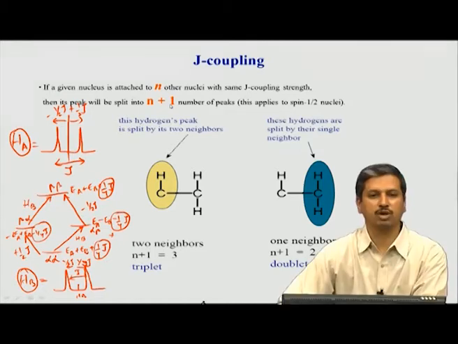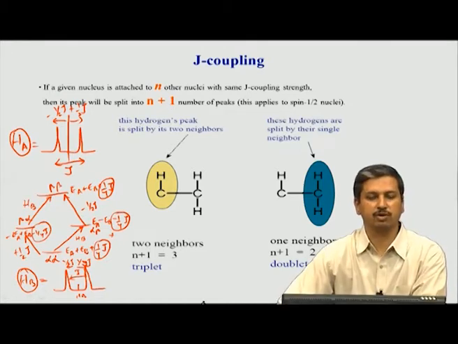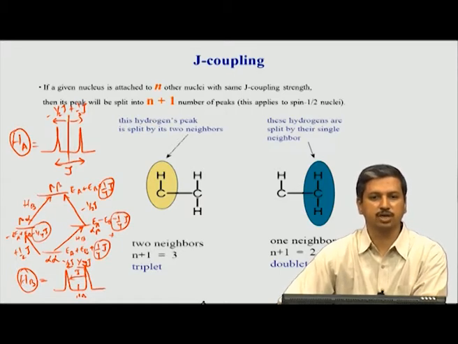This n+1 rule applies very specifically only to a particular case. And what is the condition which should be satisfied? Number 1, it should be coupling with the same value to 2 different hydrogens. These 2 different hydrogens need not be chemically equivalent.